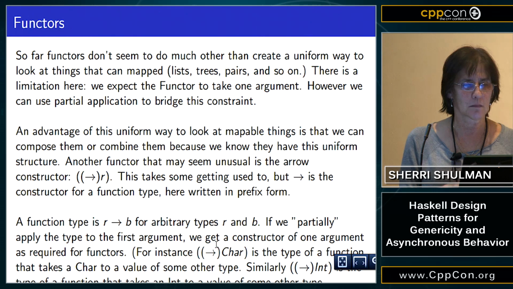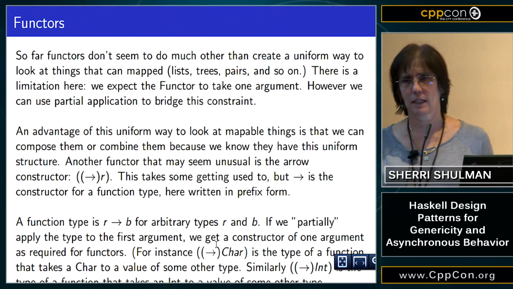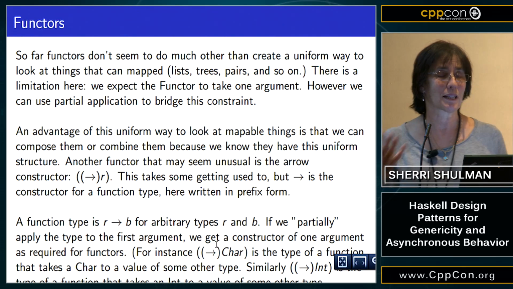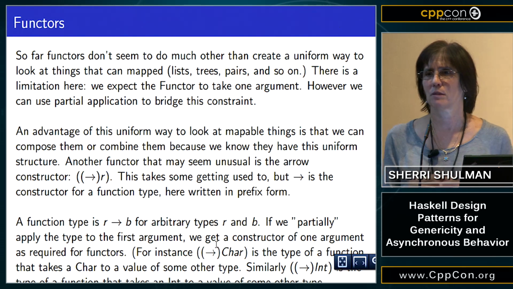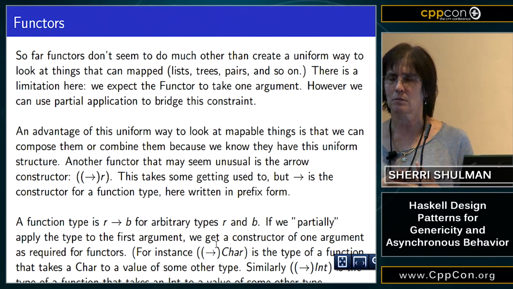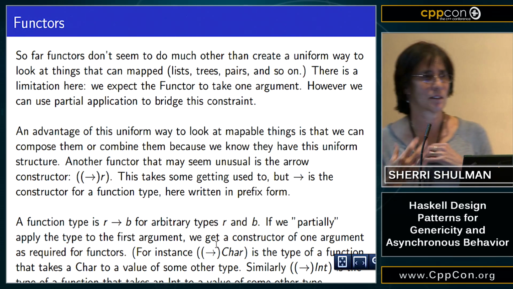All right, so we're going to use partial application. The idea behind partial application: suppose I have a function of two arguments, or what I think of as two arguments. But remember, when we saw the lambda calculus, all functions really have one argument, but what they return may be another function. So that idea is intimately related.